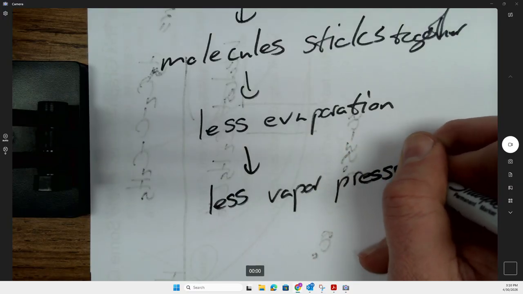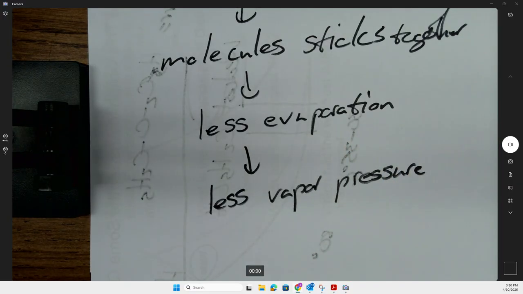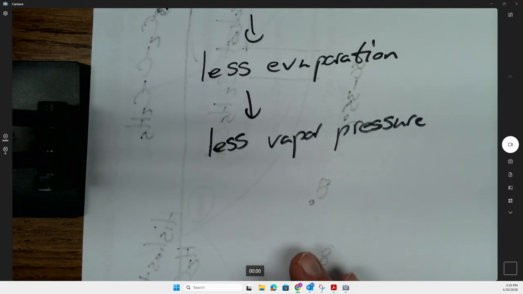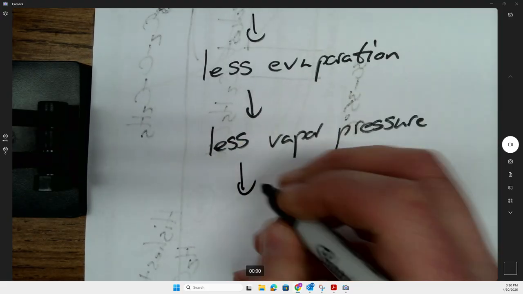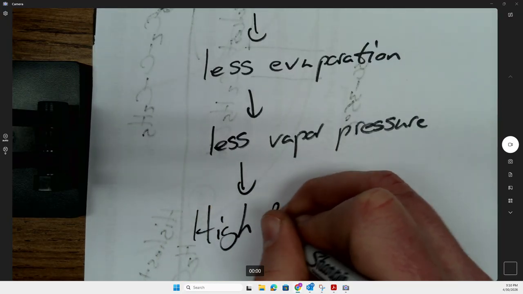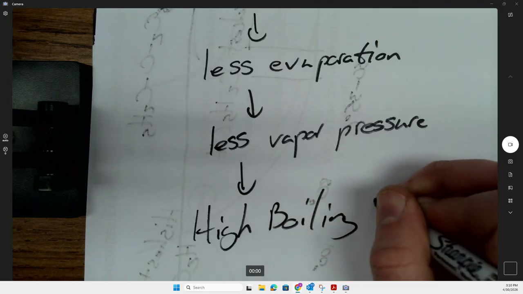Because remember, I hit boiling point when my vapor pressure, the air above my liquid, is equal to 1 atmosphere. So that means in order to get it to a boil, to enter the gas phase, I have to increase the energy, and all heat is just energy.